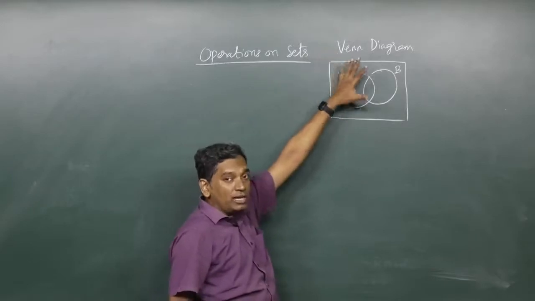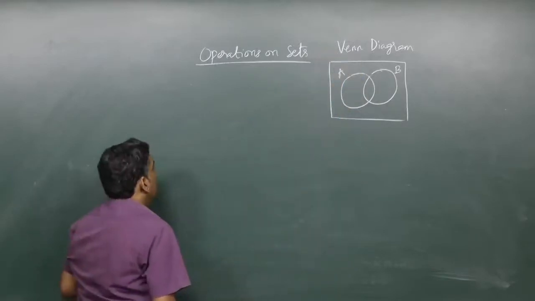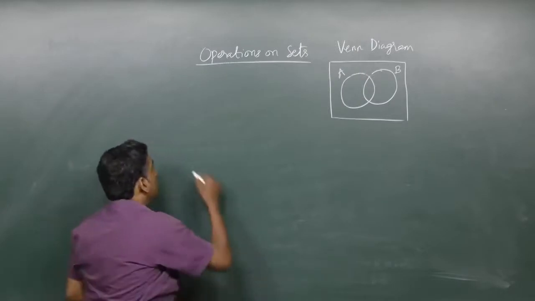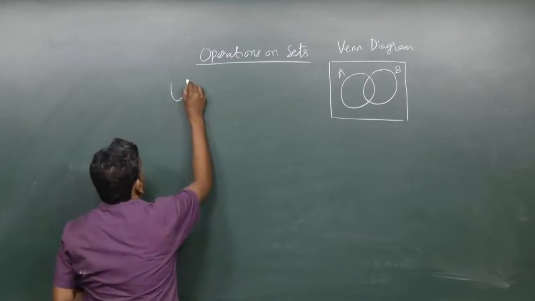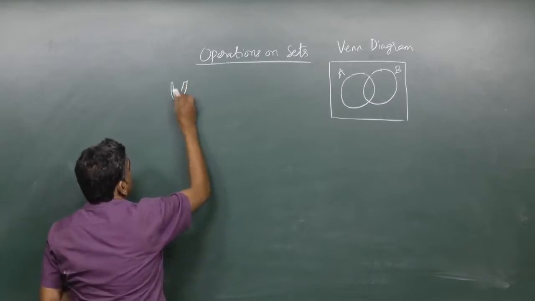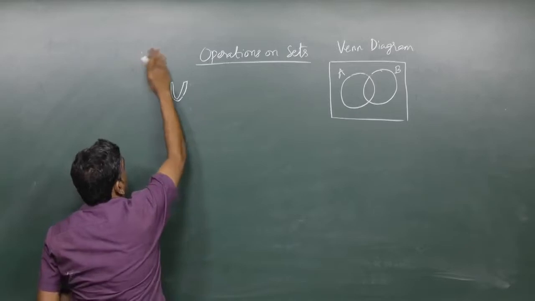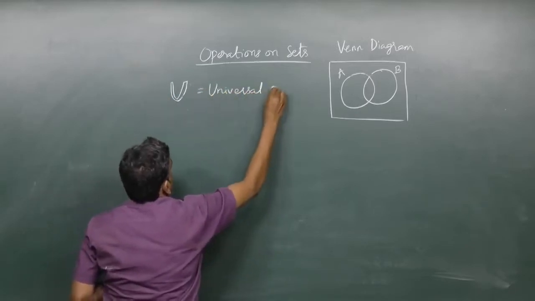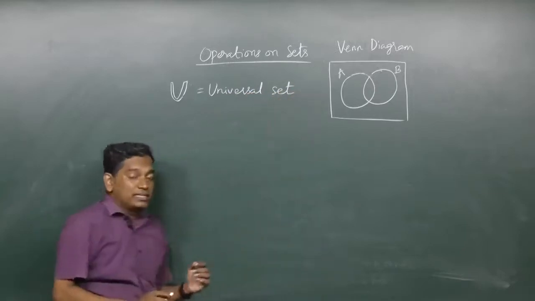In a particular context, for example if we were talking about letters in an alphabet, we would define something called the universal set. I will use a slightly different U to distinguish it from the U for union. Okay, so we will call this the universal set. Now this is different in different contexts.